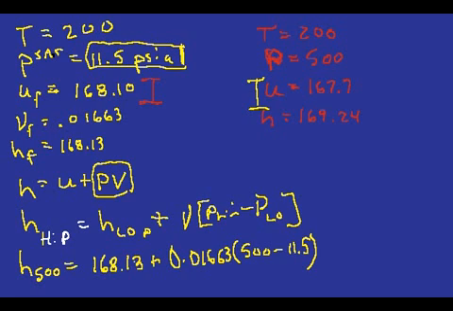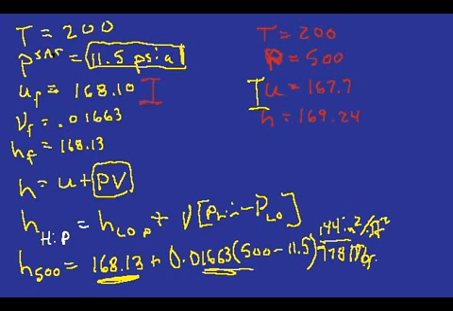Now this is in BTUs per pound, so we need to get this in BTUs per pound. We have feet cubed per pound times pound force per inch squared, so we need to multiply by 144 inches squared per foot squared, and there are approximately 778 foot-pounds, let's say pound force foot per BTU.